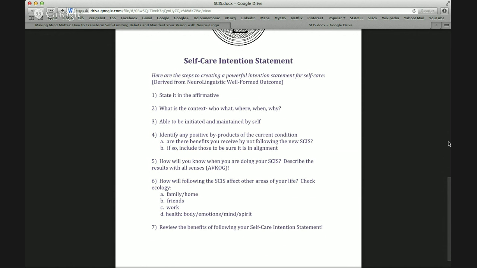Okay. The third thing is that it needs to be able to be initiated and maintained by you. Okay. In other words, trying to manifest something that is dependent on another person for it to happen isn't as simple as choosing something that you can do for yourself.